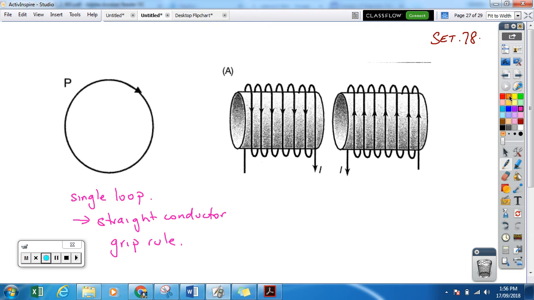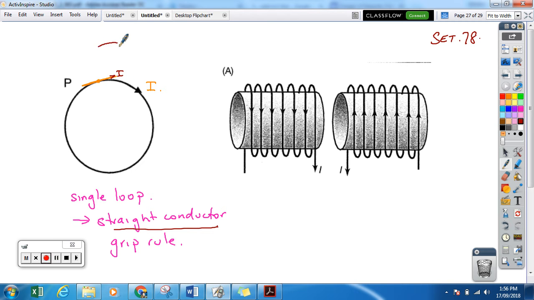The way we do that is we take a single point on the loop, this is the current, anywhere, let's put it here, and we pretend that at that point the loop is straight. Then we use our right-hand grip rule for a straight conductor to work out the magnetic field around it. So at this point here, the current would be going in this direction.